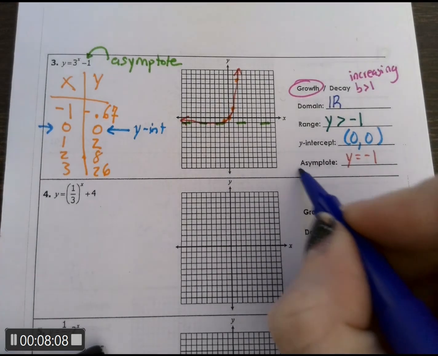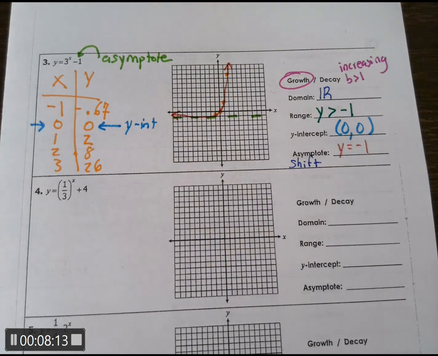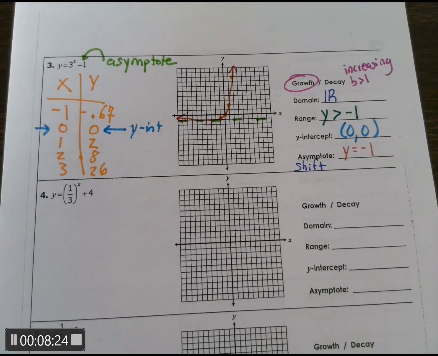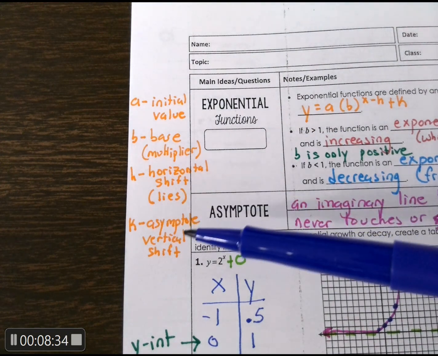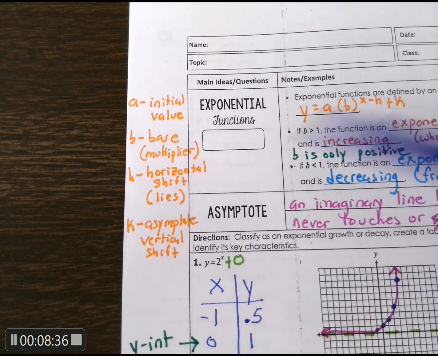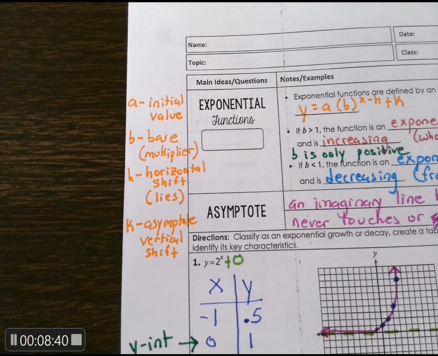And I'm actually going to add something down here called a shift. So on our previous slide, we were looking at our A, our B, our H, and our K. We said that our H was our horizontal shift and our K was our vertical shift. Over here, H was our horizontal shift, K was our vertical shift. And remember, K is our asymptote, right there, okay?